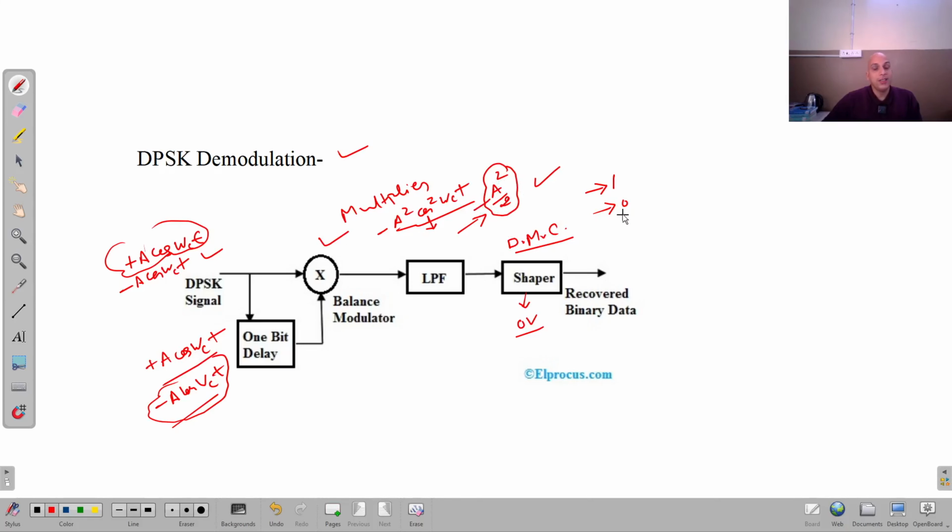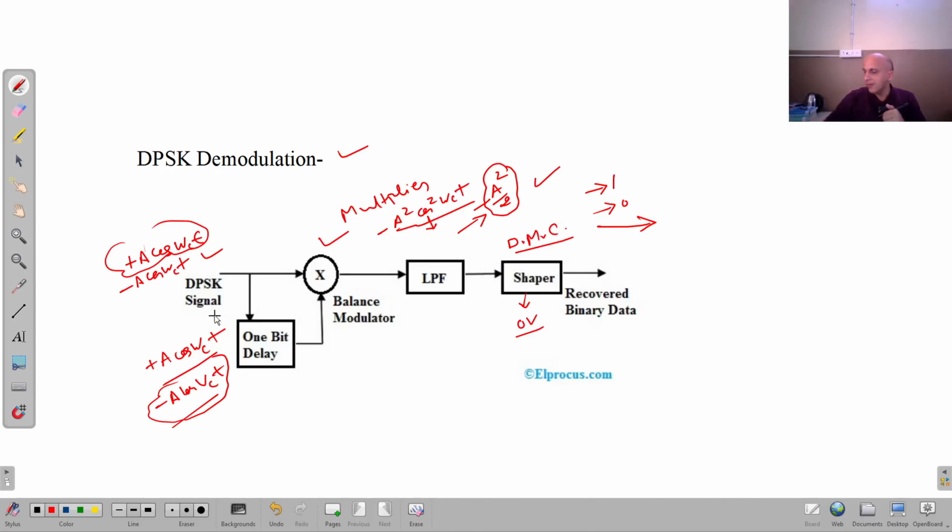Then the decision of the decision making circuit will be different. In this way, we generate the bit stream from the incoming bit stream. So this is the way the DPSK demodulator works.